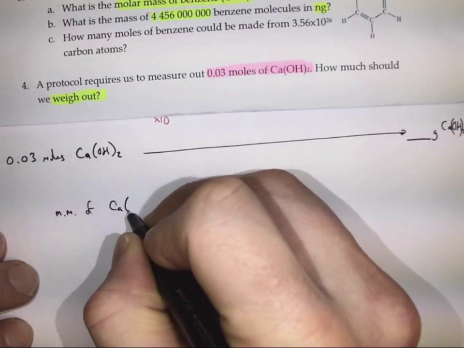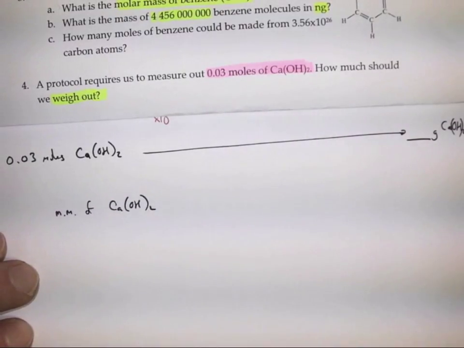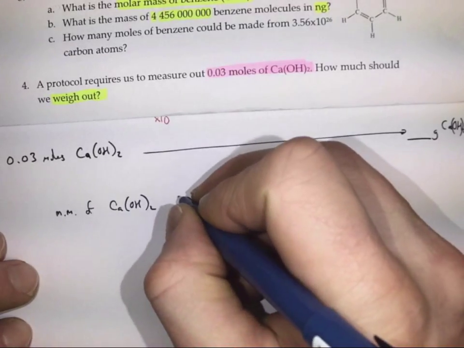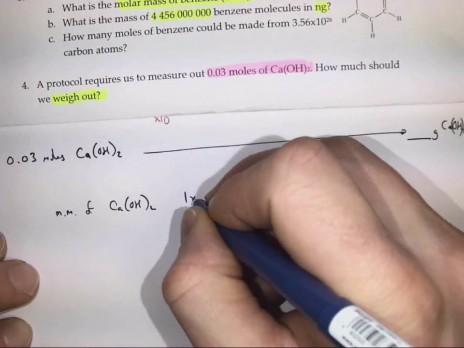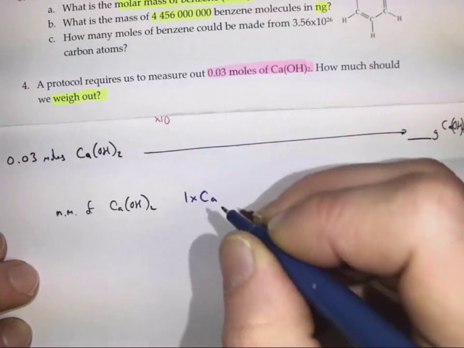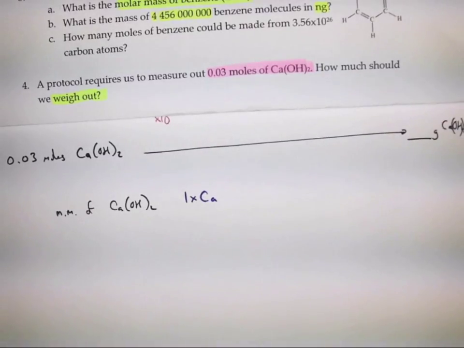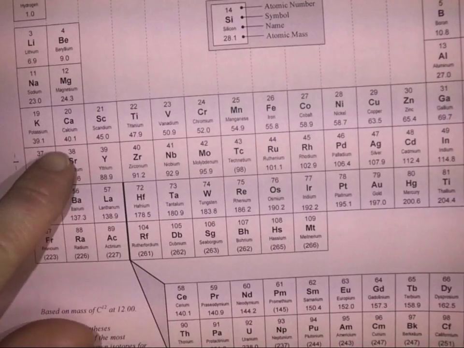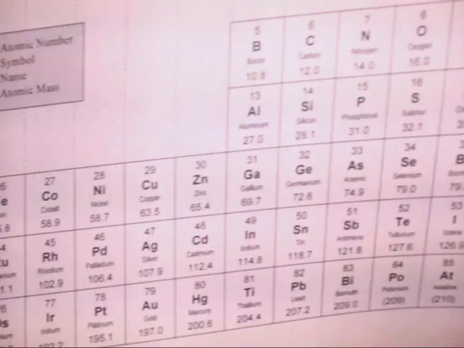of calcium hydroxide. All right, now to do that I'm going to have to list, well, how many calciums are there? There's 1 calcium. So, where's my periodic table here? What's calcium's molar mass? It's 40.1 grams for every mole.